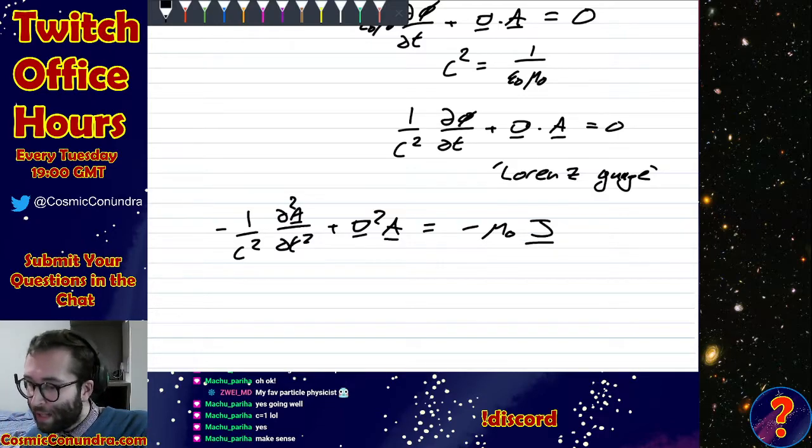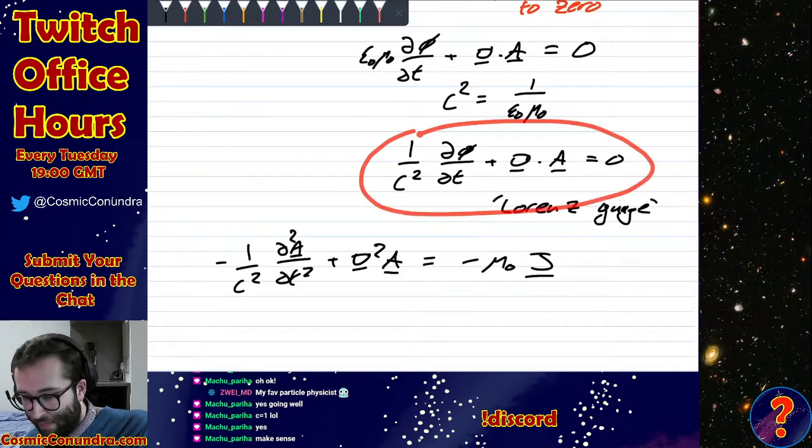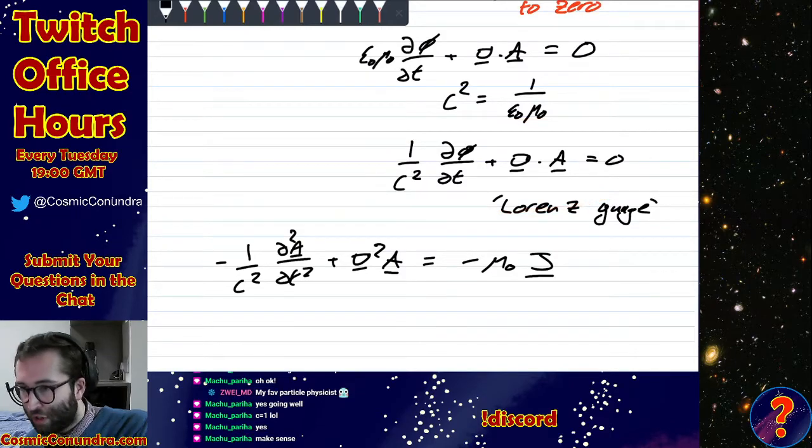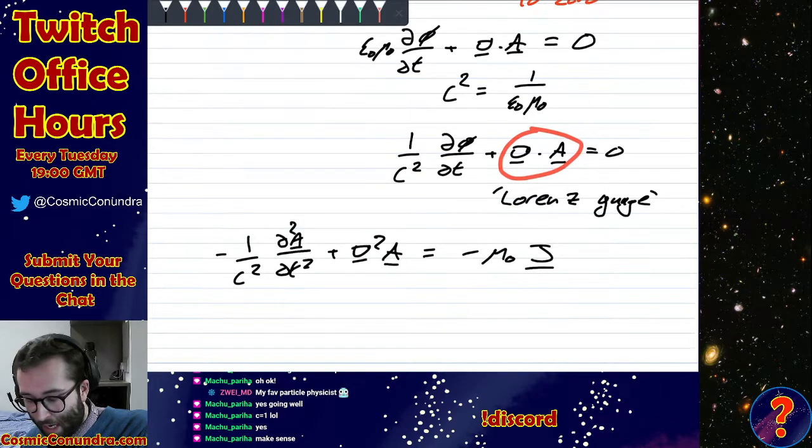Okay, assuming the gauge condition that we have here, the Lorenz gauge, which you're free to choose, but you're also free not to choose.